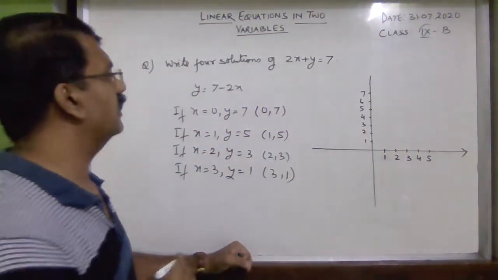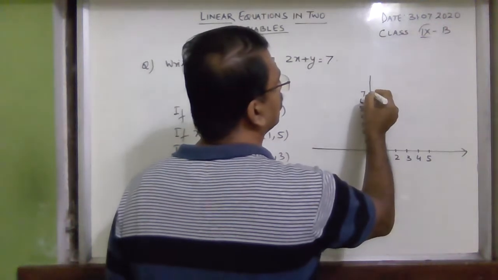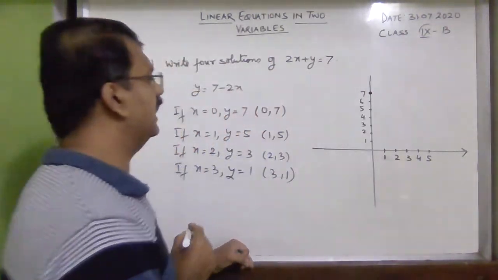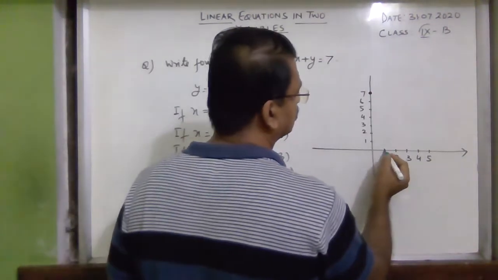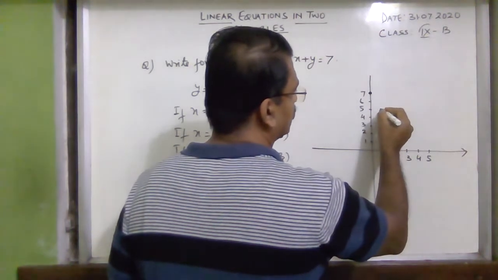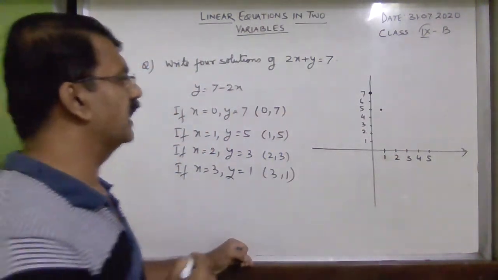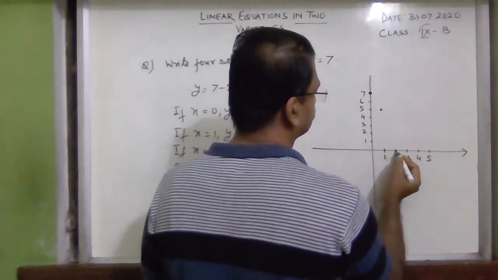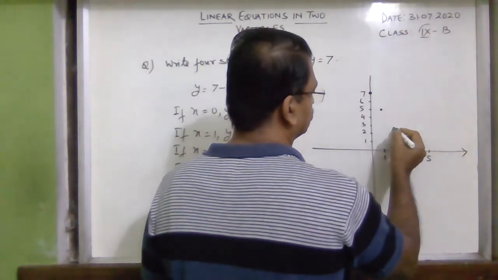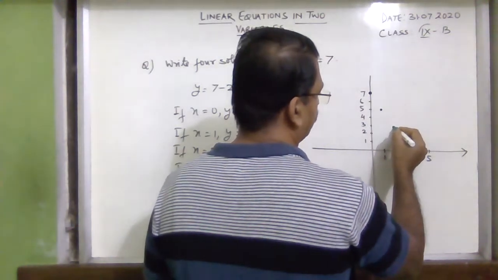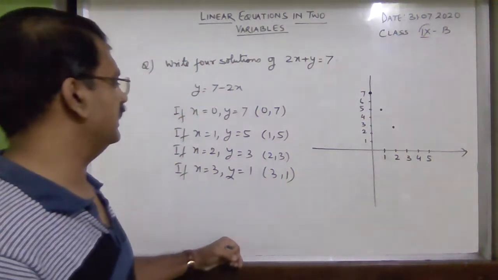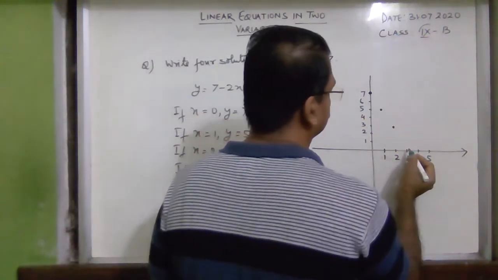When x is 0, y is 7. This point. When x is 1, y is 5. This point. When x is 2, y is 3. This point. And when x is 3, y is 1.